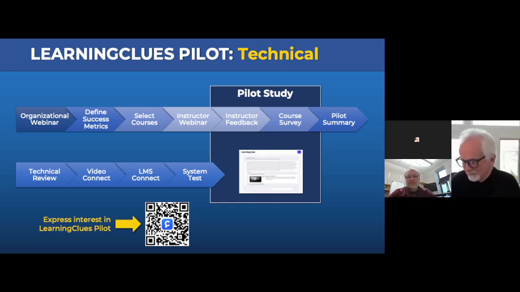We are at the stage of gathering data to understand how this helps students and to what degree it helps students. Key in this, which I glossed over back here, was defining success metrics.